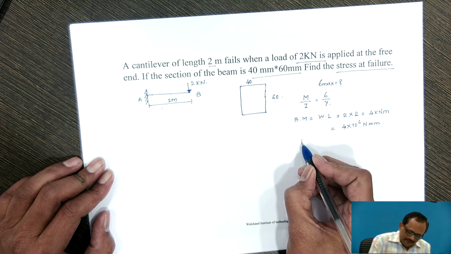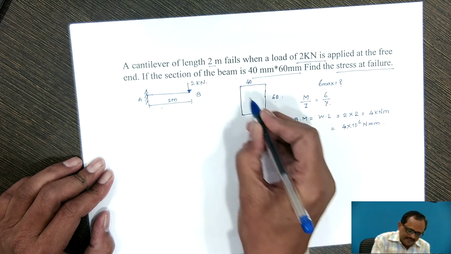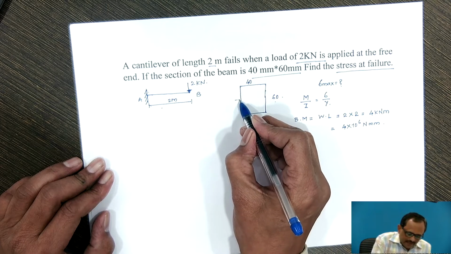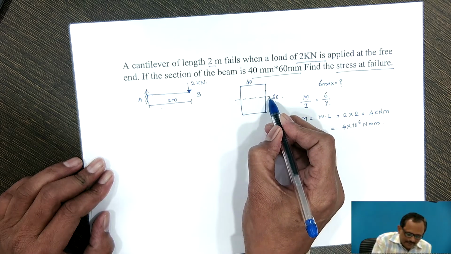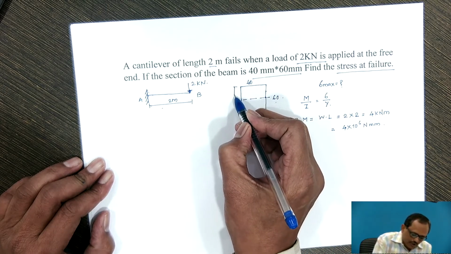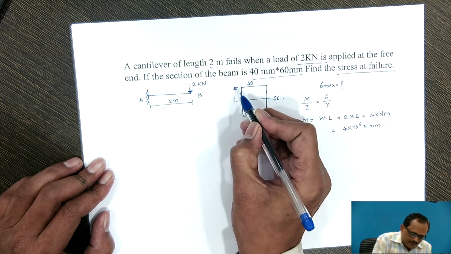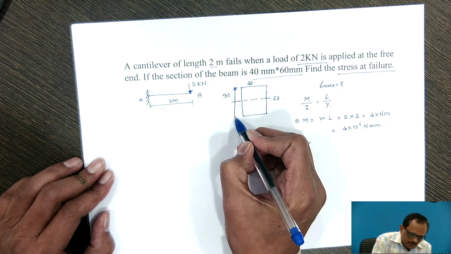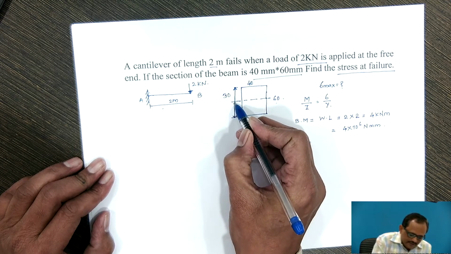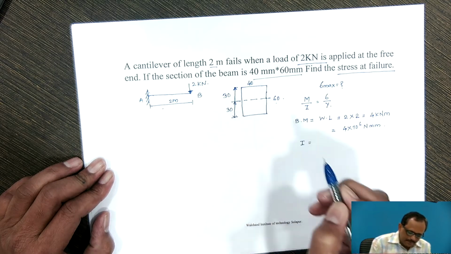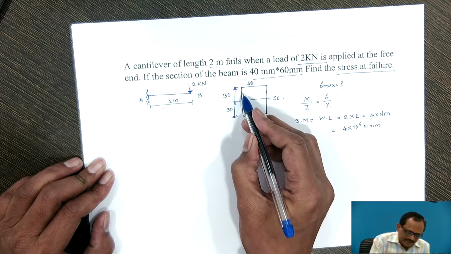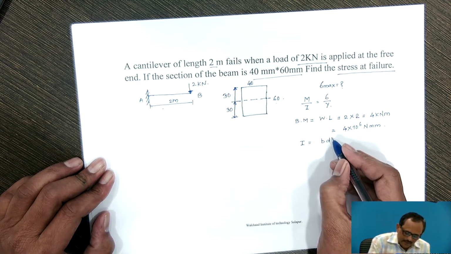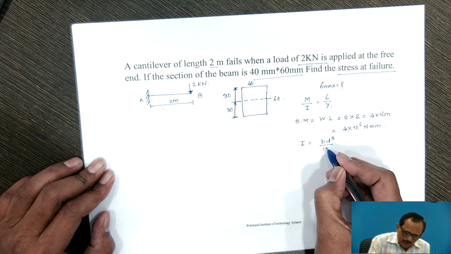Now, the moment of inertia of this rectangle section about the neutral axis. The neutral axis will lie at half of its depth. So, the distance of the topmost layer from the neutral axis is 30 mm, and the distance of the bottommost layer is also 30 mm. The moment of inertia of this rectangle section about the neutral axis is given by BD cube upon 12.